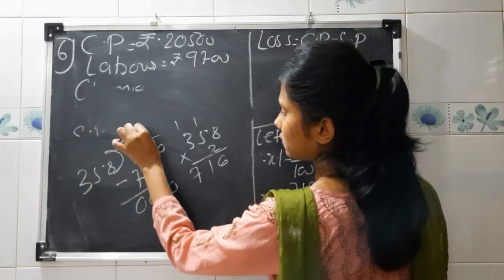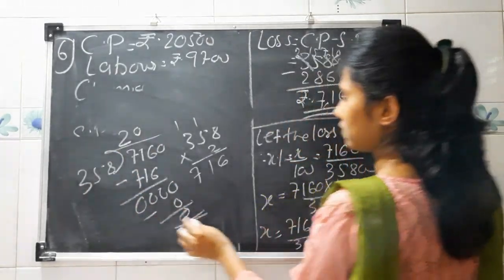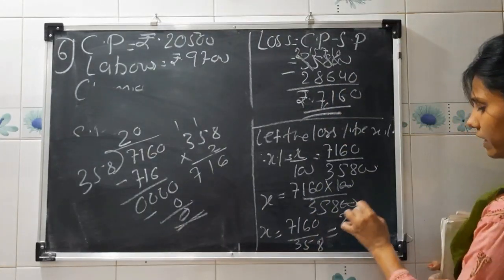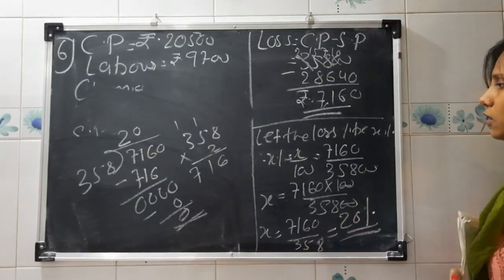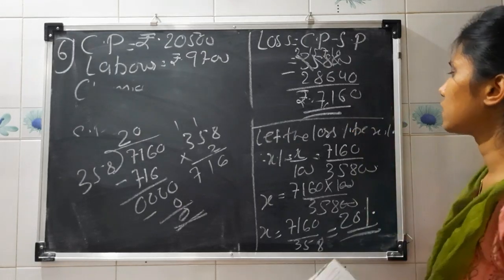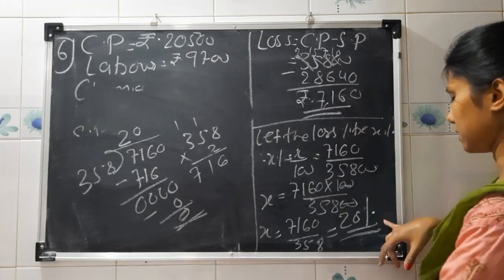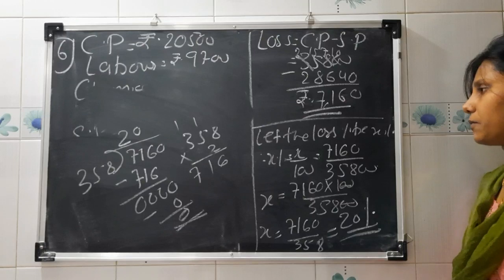Take down the 0, zeros are 0. So our answer is 20%. Loss incurred is rupees 7,160 and the loss percent is 20%.